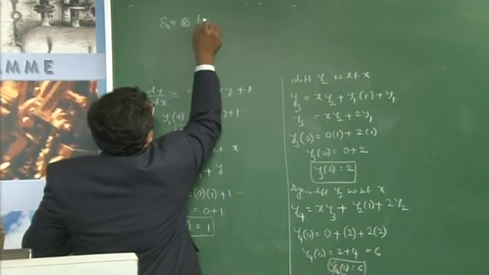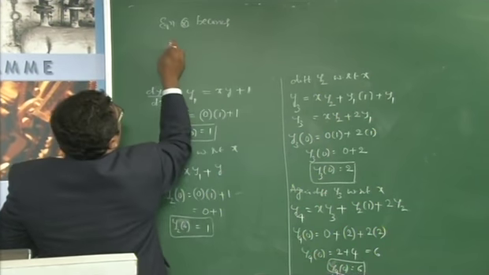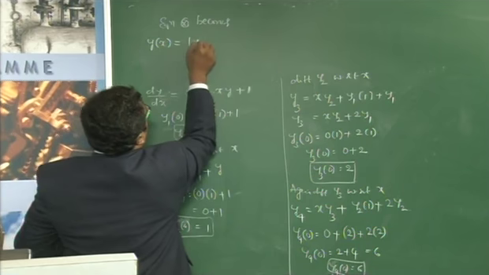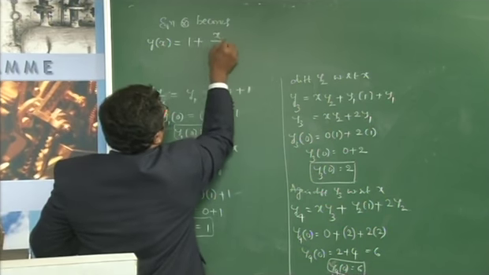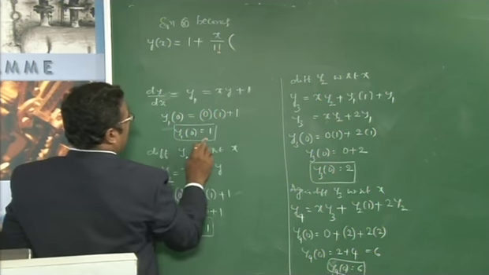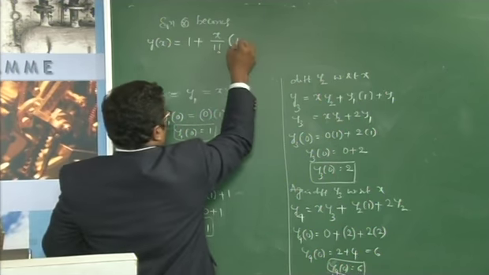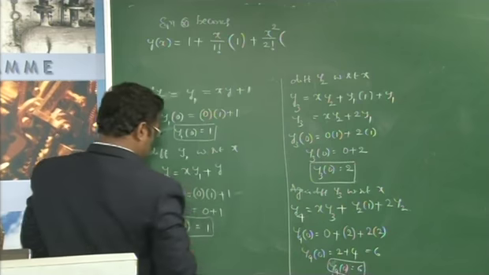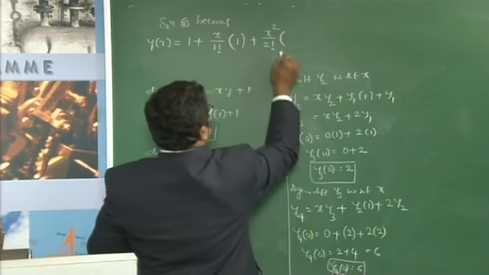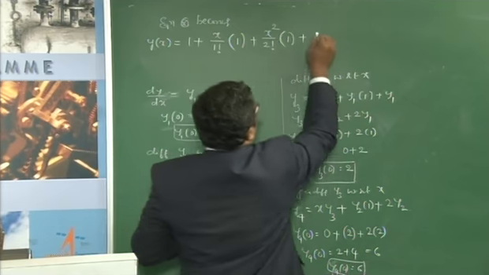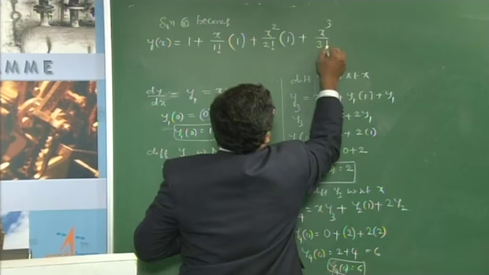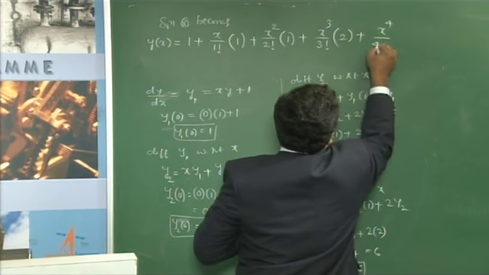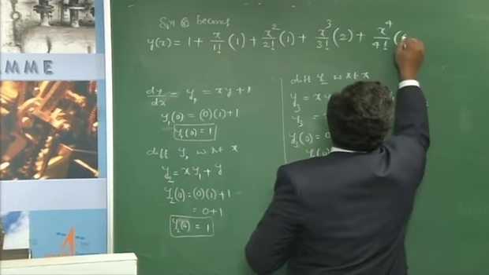Equation star becomes y of x equal to y0 value, which is 1, plus x0 is 0, x by 1 factorial into y1, which is 1, plus x square by 2 factorial into y2 value, which is 1, plus x power 3 by 3 factorial into 2, plus x power 4 by 4 factorial into 6.